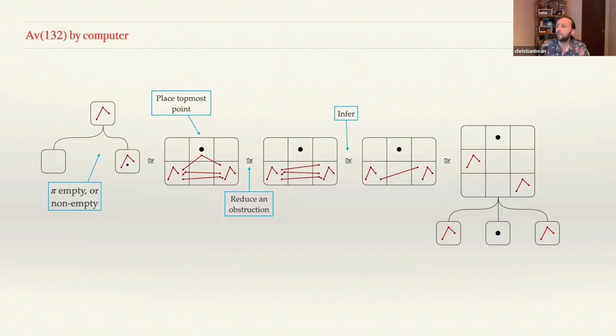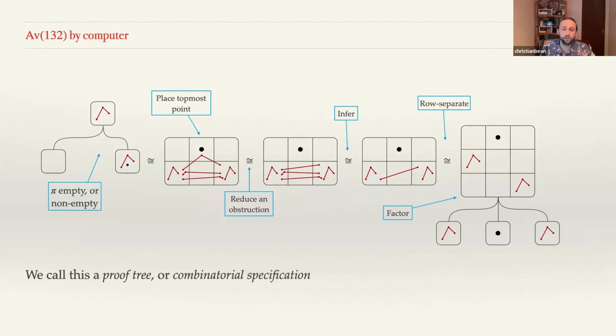We're now at the end here. After separating, I can simply factor this into the three outputs, the point, and then we're recursing back to the root itself. Okay. So we call this structural description a proof tree, or more formally, it is a combinatorial specification.